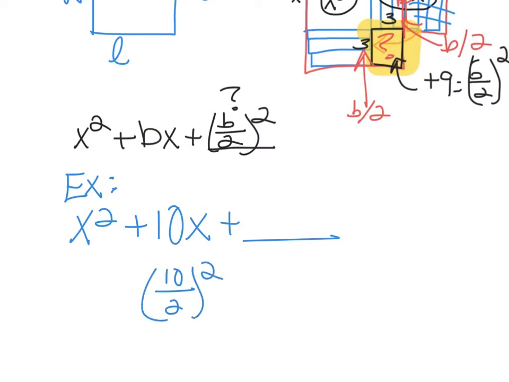So order of operations, first divide, 10 divided by 2, that would become just 5 all squared, or we would add 25 in order to complete that square.